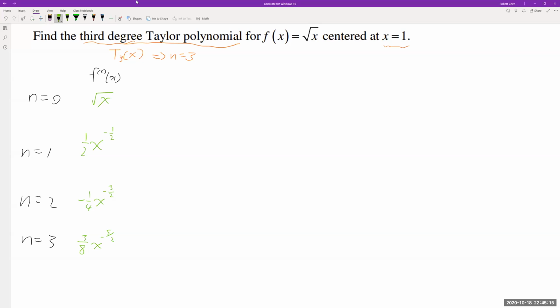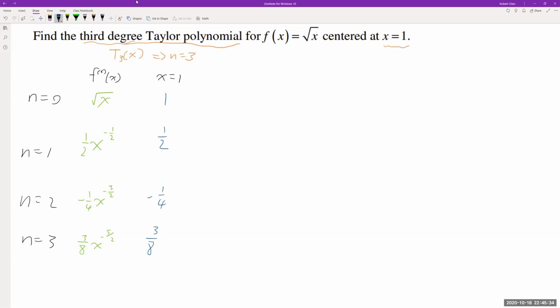Now we want to look at them evaluated at x equals 1. So let's see what we have. That's 1. That's 1/2. That's negative 1/4, and that's positive 3/8.